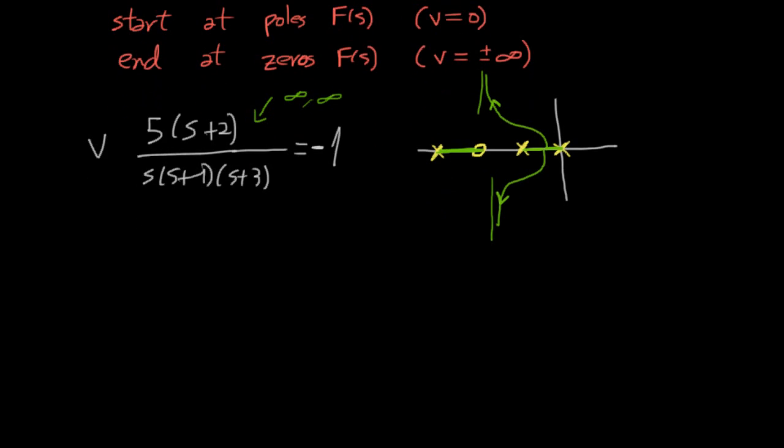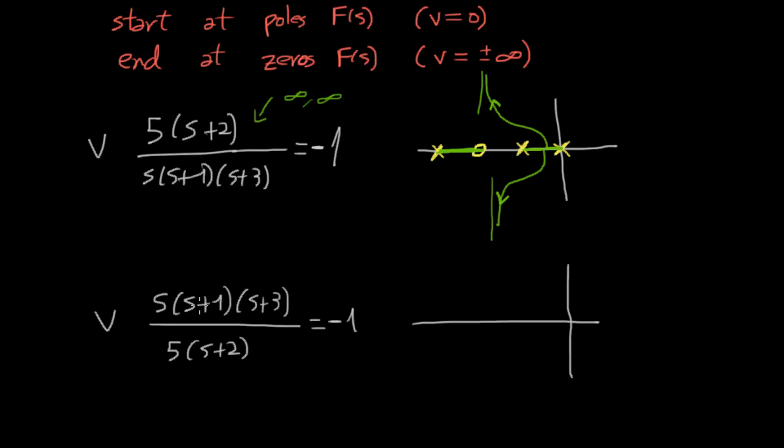And if the situation were the opposite, with the previous poles as zeros now, and the previous zeros as current poles, we would have here a zero, another zero, another zero, and a pole.